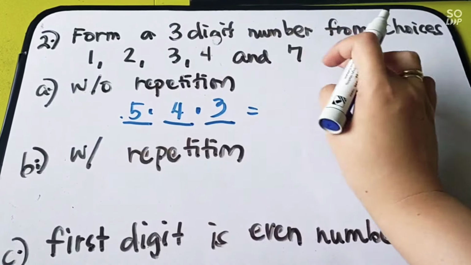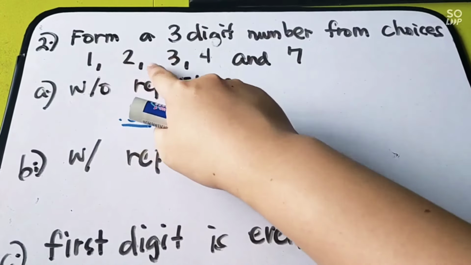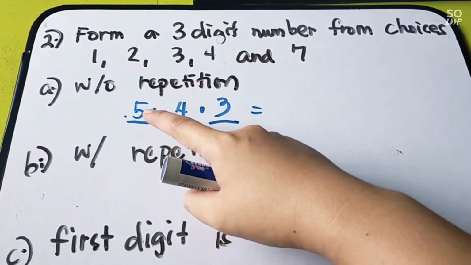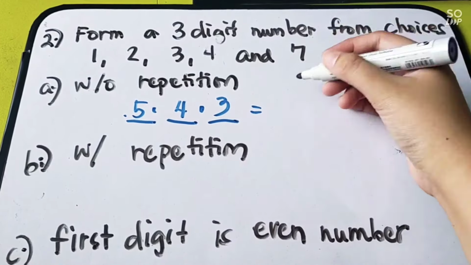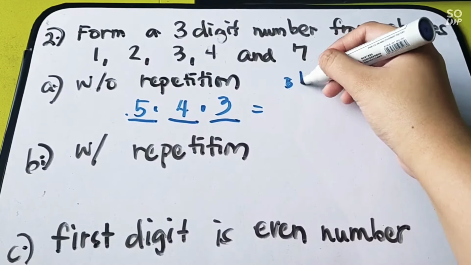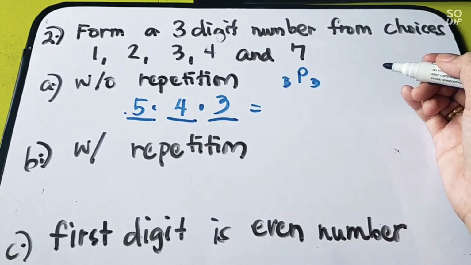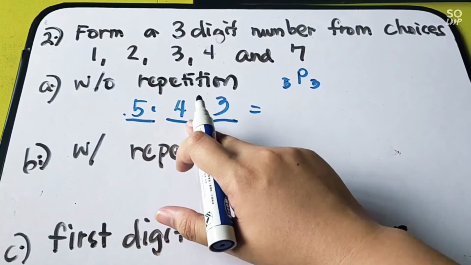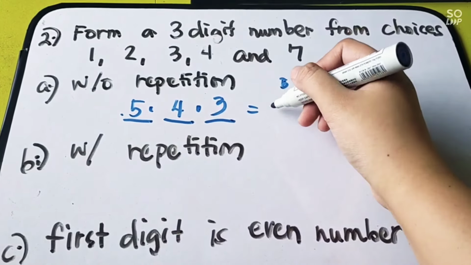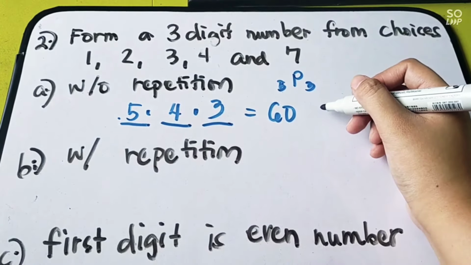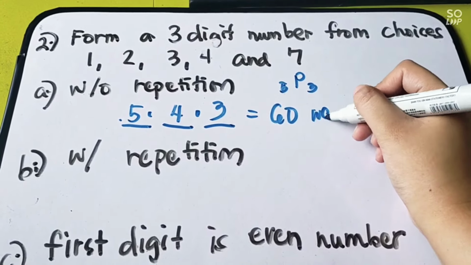Bakit 5? Kasi ang ating object ay 1, 2, 3, 4, and 5. So, 5 taken 3 tayo. Permutation. So, 5 times 4, we have 20. 20 times 3, we have 60. So, we have 60 ways.